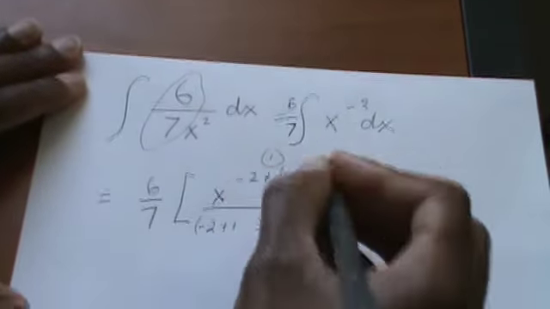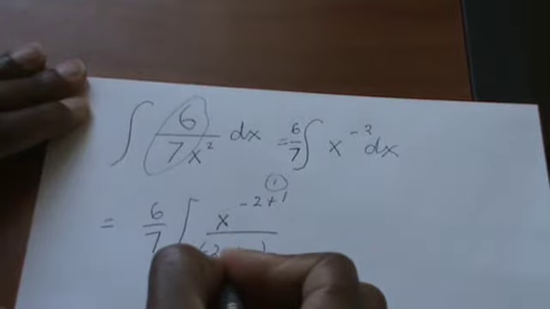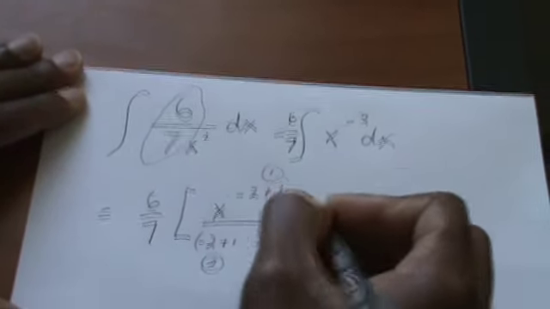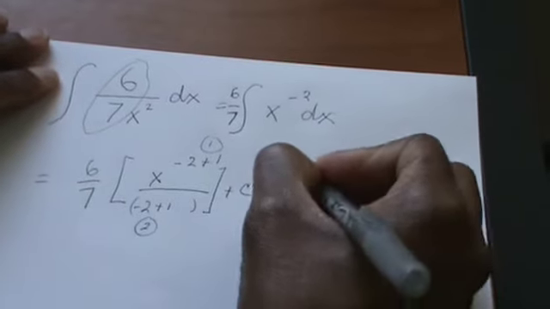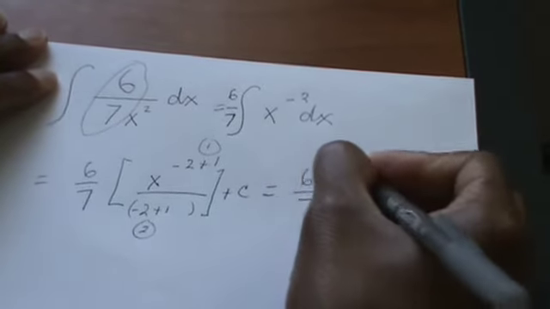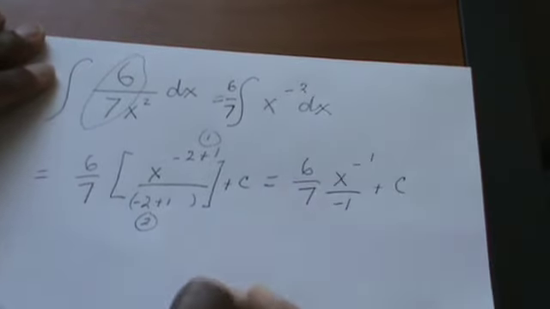Okay, so step 1 is to add 1 to whatever your old power was, and then step 2 is to divide by your new power, plus c. All right, so this equals 6 over 7, x to the -1 over -1 plus c.